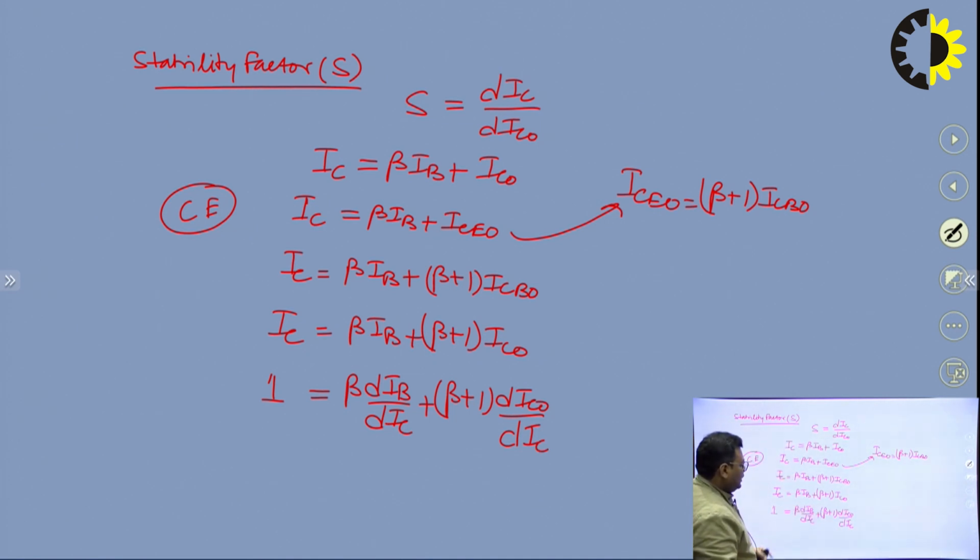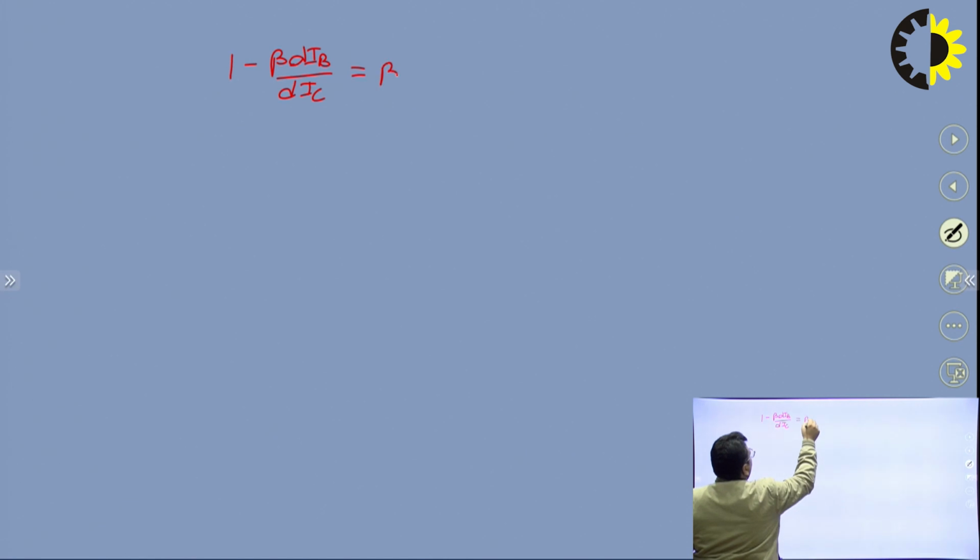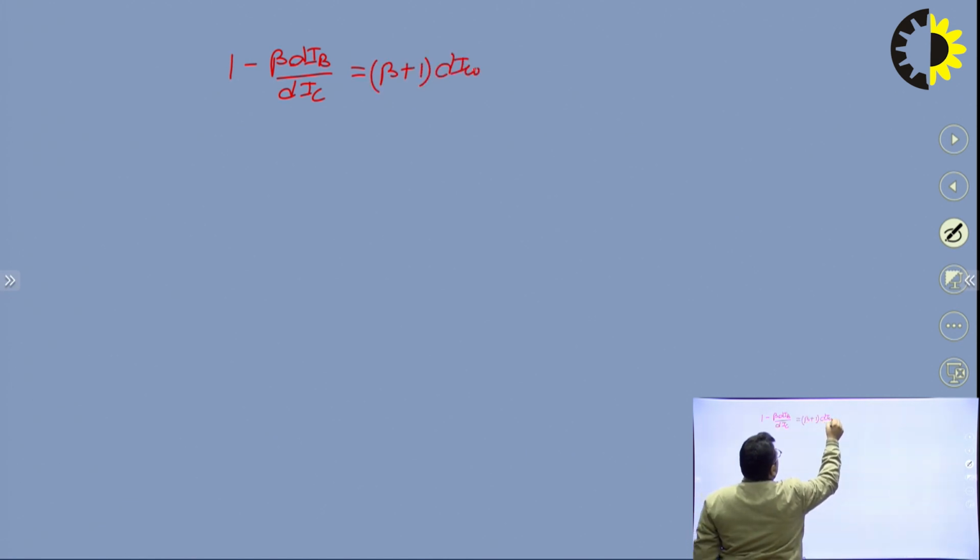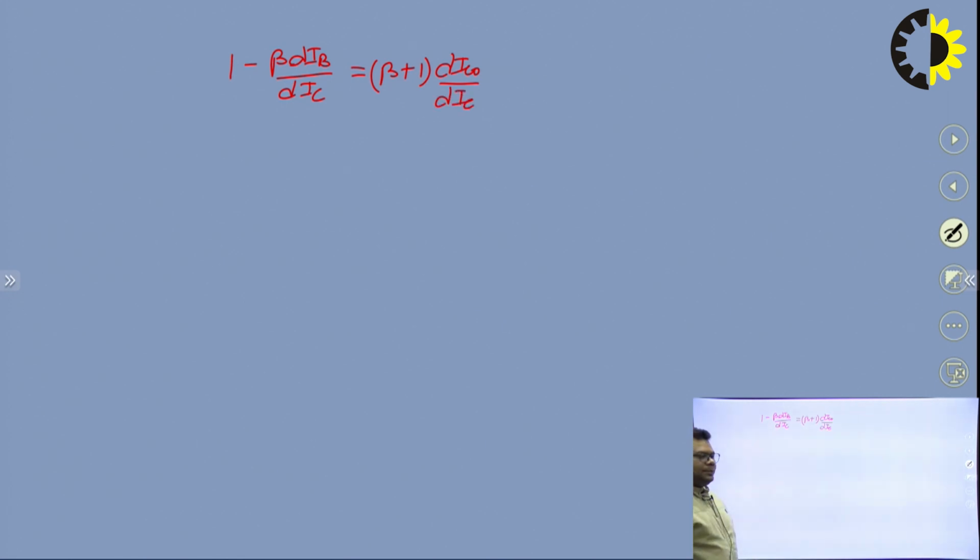Now I have to find this term, so I can write it as 1 minus beta times dIB over dIC is equal to beta plus 1 into dICO with respect to IC.